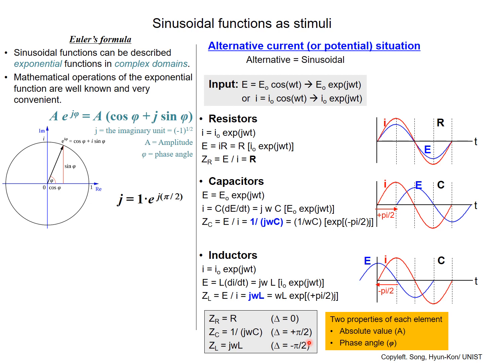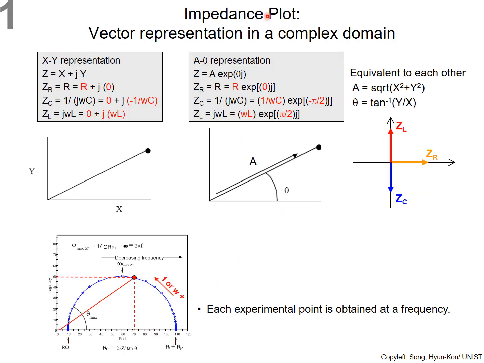So, two properties of each element are very important. The first one is the absolute value. The other is the phase angle. An impedance plot is a vector representation in a complex domain.